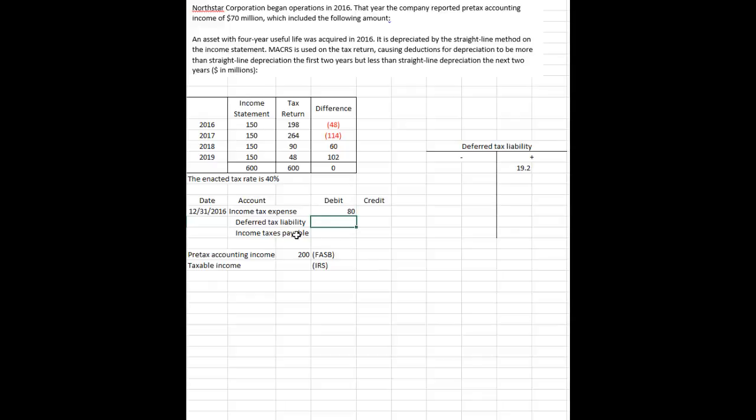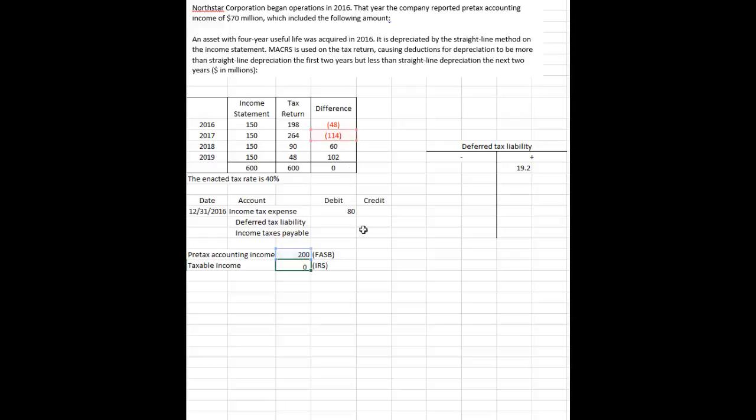But what we would pay the IRS isn't the same, because they allowed us to deduct an additional $114 million in depreciation because of their MACRS rules. So that $200 million is not the taxable income. It's actually going to be smaller by that difference, by the 114.